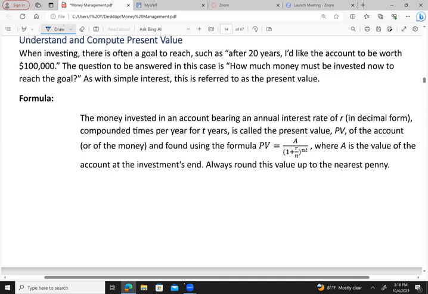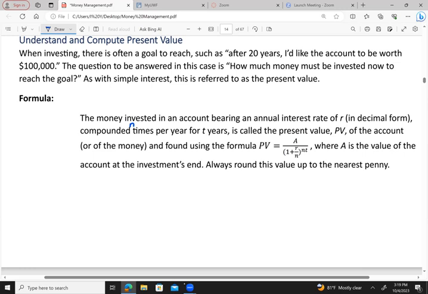So the money invested in an account bearing an annual interest rate of R in decimal form, compounded n times a year for T years, is called the present value of the account or of the money.